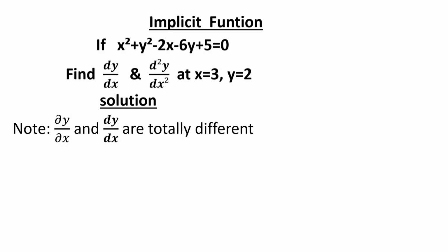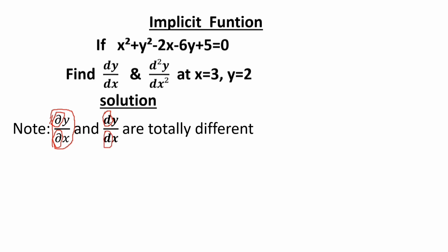Try to identify the symbol. This symbol here represents partial differentiation. Look at the way it looks. Is it not different from this? This one looks like an entirely normal d. You will see that the way it is written is different from this.